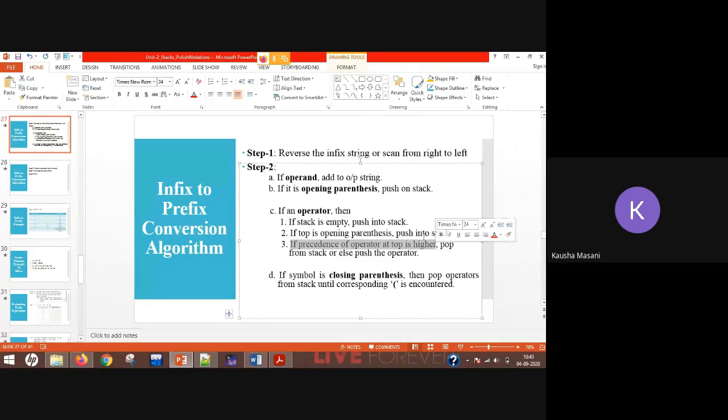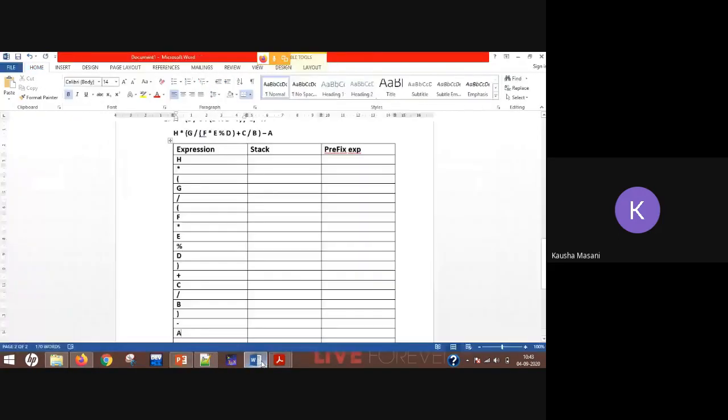No. So you just have to keep your division sign in the stack. If it is coming that way, then yes.